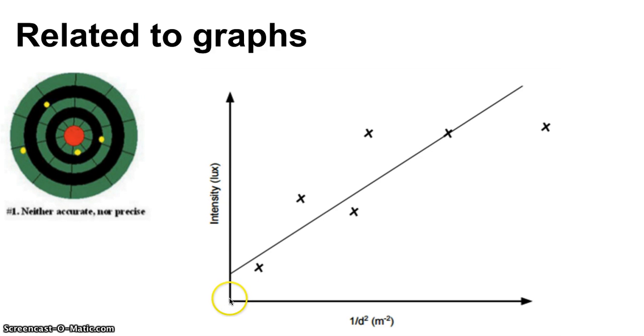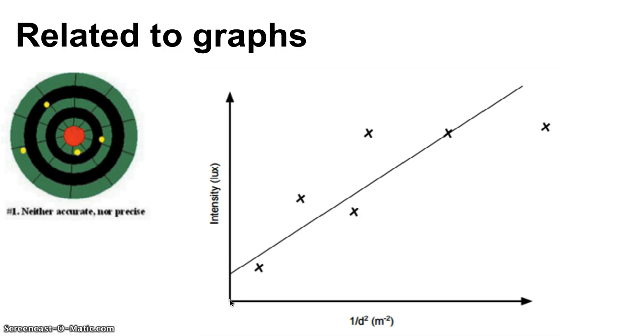It should go through the origin because at a distance of infinity, the light intensity should be 0. Yeah? So 1 on infinity squared is 0. And at infinity, the intensity should be 0. So my line should go through the origin. This line of best fit does not go through the origin. It's not what I want. It's not what I would expect.